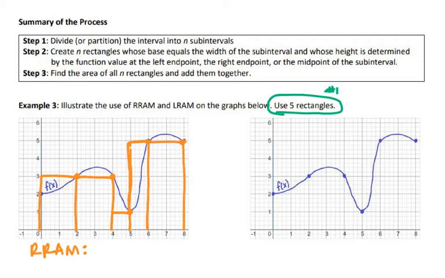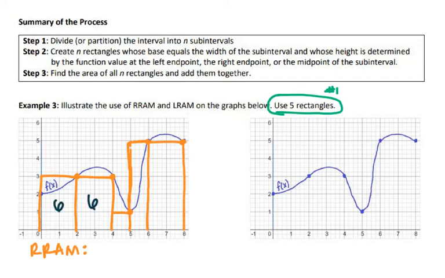Perfect. And so once you've actually sketched in these rectangles, you're going to go through and then add up the area of each rectangle, whether it's over or under. Again, you just get to ignore that here. So this first one is 2 by 3, so that's simply going to be 6.